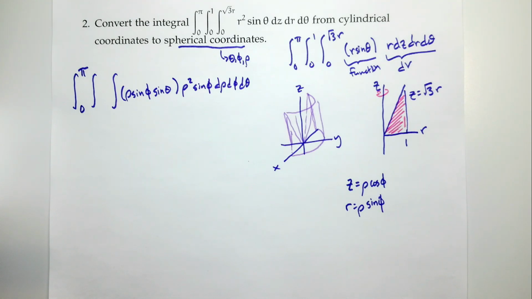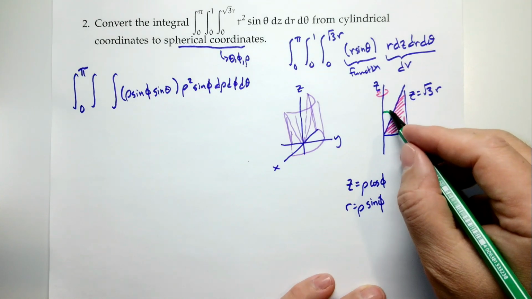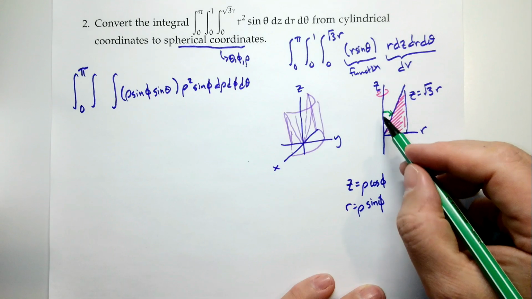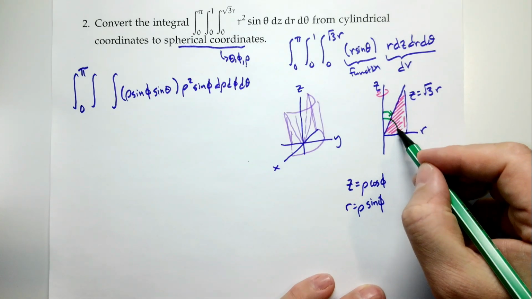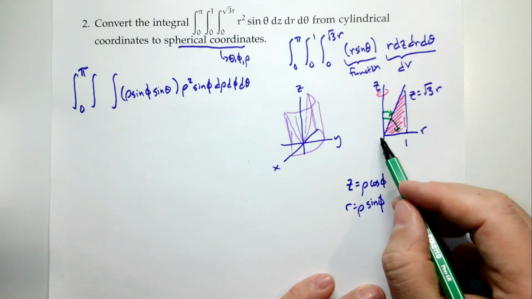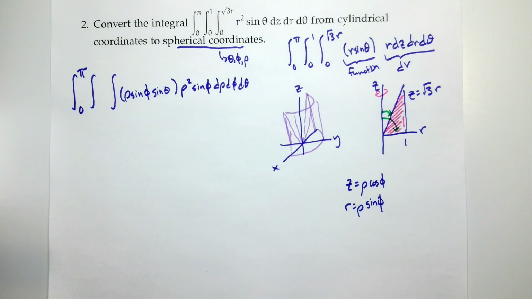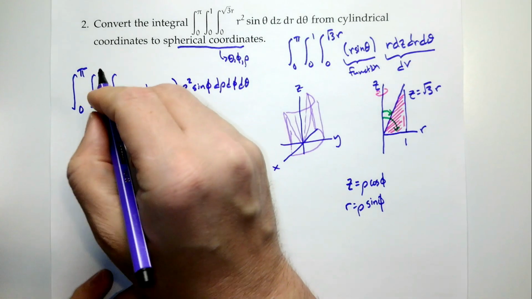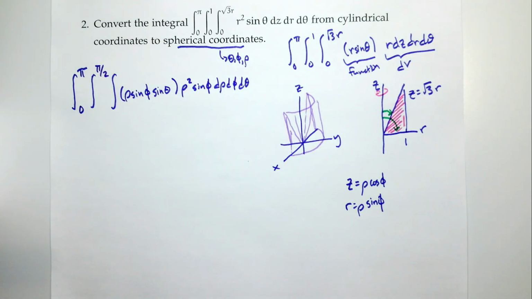Now, if I'm after phi, the real question becomes, what's the angle off of the positive z-axis? So I need to know what's this angle until I hit the line, and then what's this angle until I stop. Well, this angle is actually pretty simple. So that corresponds to when do you hit the xy plane, and that's a fairly well-studied angle. That's the angle pi over 2.